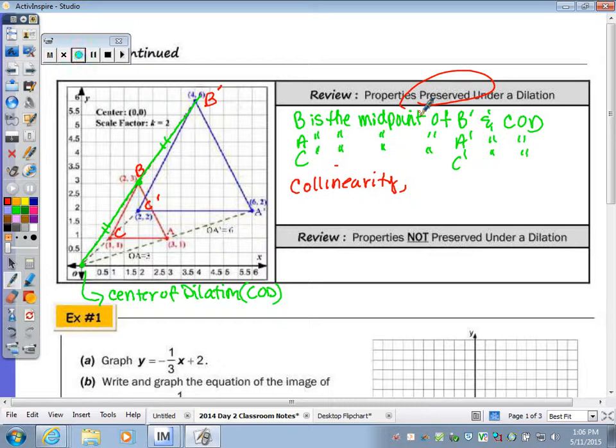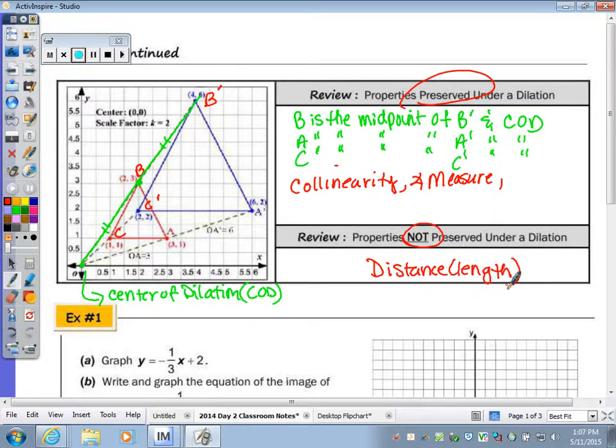What else is the same? Angle measure, good. What other properties are preserved? Is distance preserved? Distance or length? No. So property not preserved is distance or length.